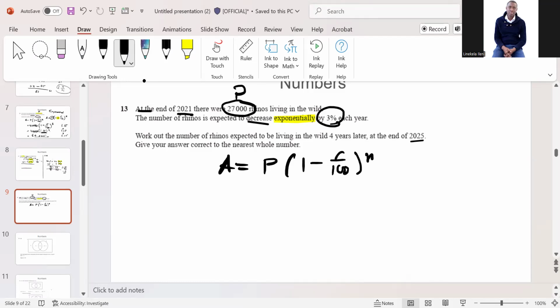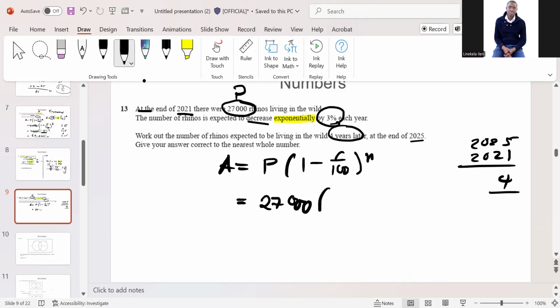And sometimes they won't tell you the number of years, like 4 years later, and then you now need to just subtract your years so that you can find it. Like in this case, it's already direct because it told you 4 years later. That means principal amount is 27,000 and it's decreased. That's why I'm putting a minus.